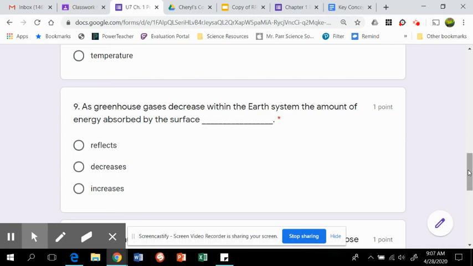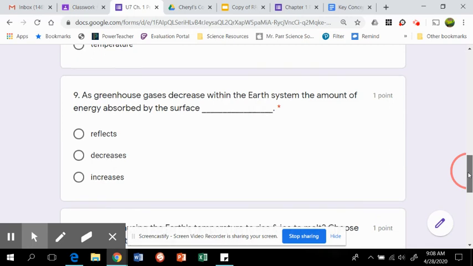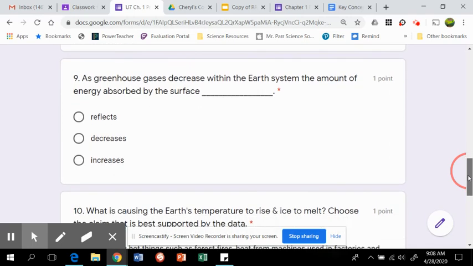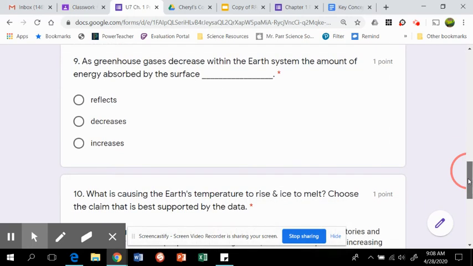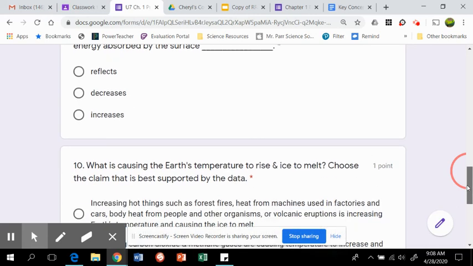Is it A, reflects, B, decreases, or C, increases? As greenhouse gases decrease within the Earth system, the amount of energy absorbed by the system does what?